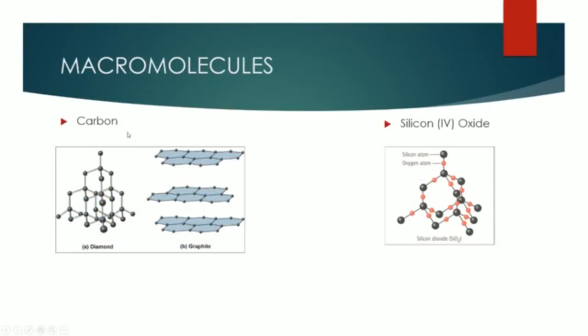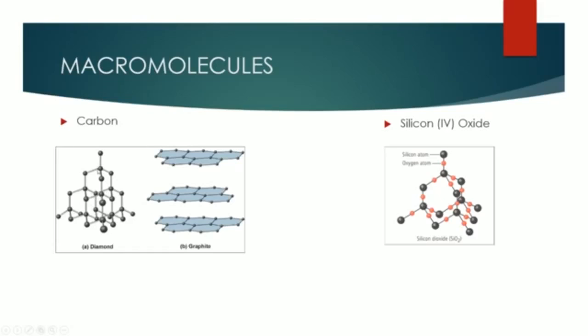Macromolecules, on the other hand, are giant molecules where millions of atoms are joined to one another through intramolecular bonds, or covalent bonds. So all these atoms are bonded through covalent bonds. Diamond and graphite are both examples of macromolecules of carbon.